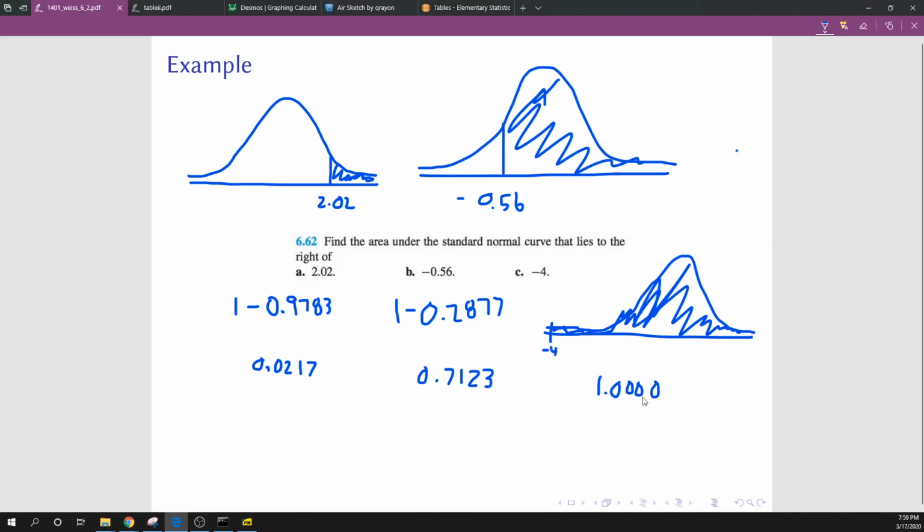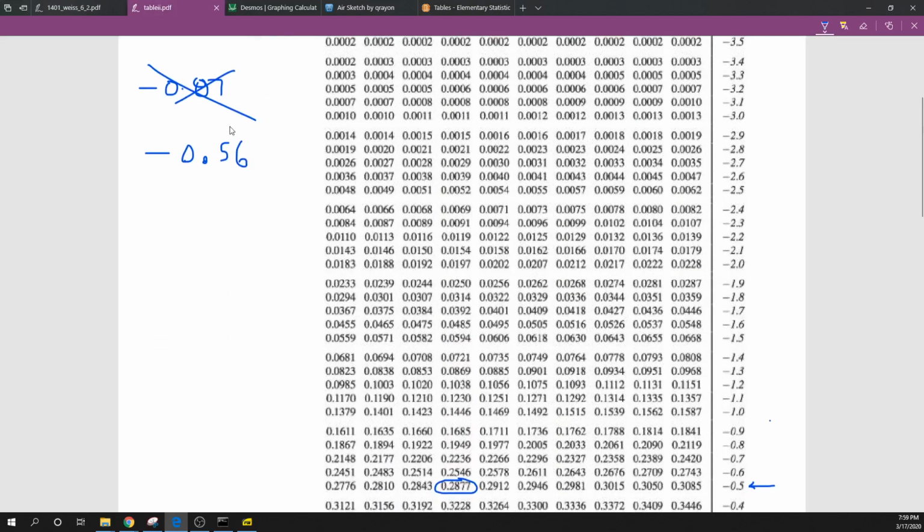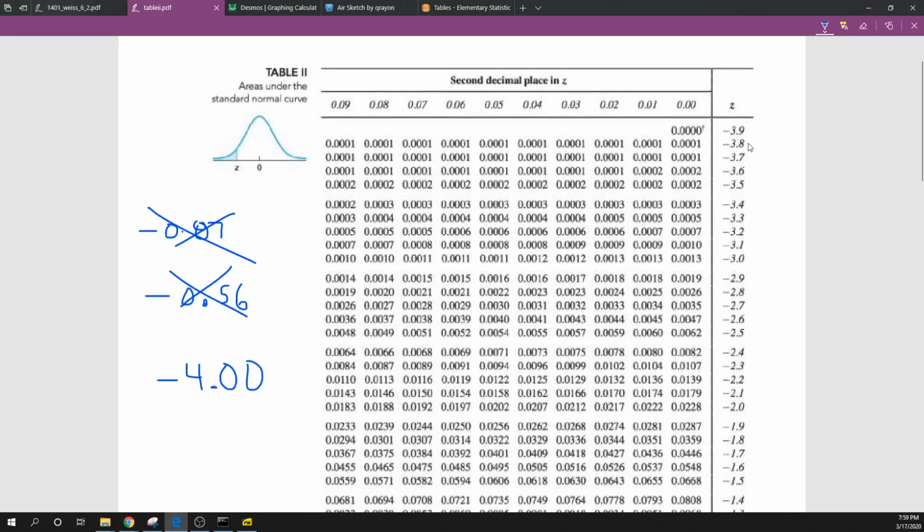practically 1. Even if you forget that, when you go to look up -4 in table 2, that's a negative number, so we should use the first page. You'd be running through this. When you look up -4, you can see that -4 is not in the table here at all.